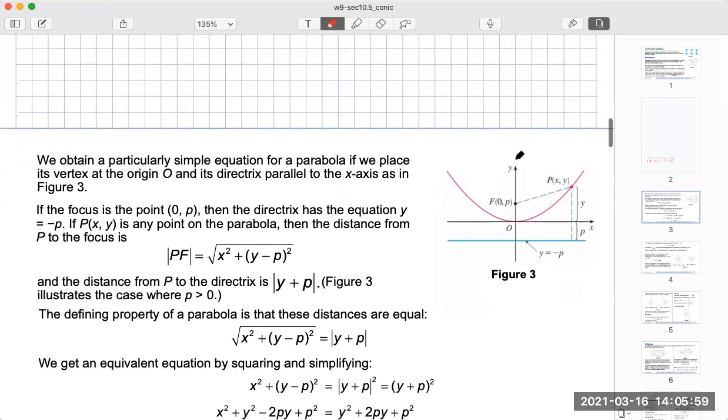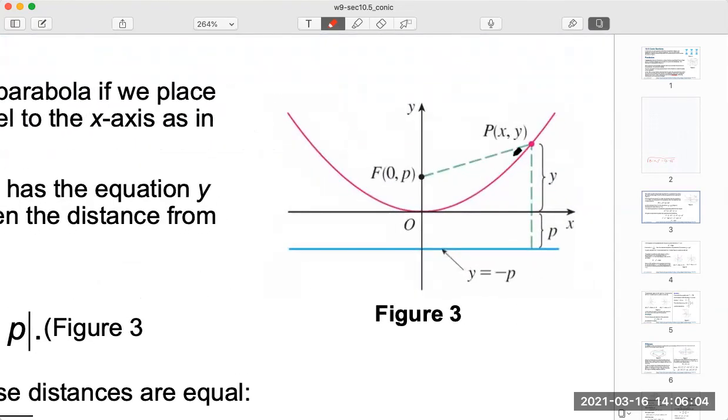And suppose we're given a point P having the coordinates x, y. The distance from this point P to the point F will be, what is it? It will be the square root of x squared plus (y minus p) squared, right?